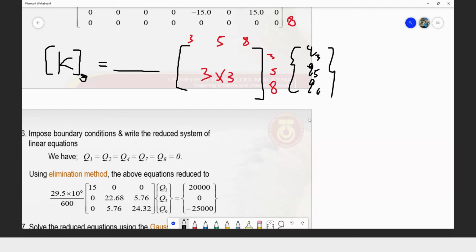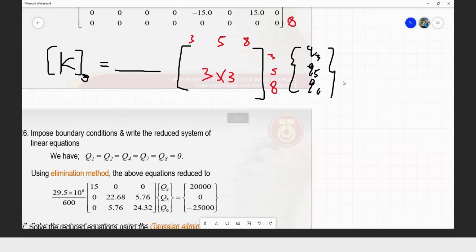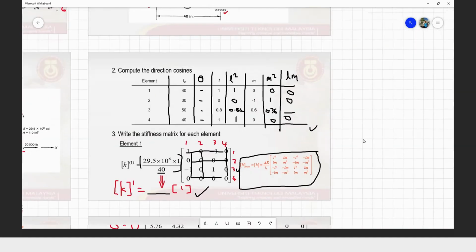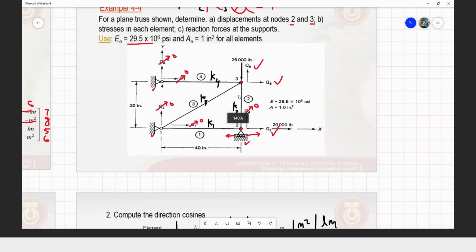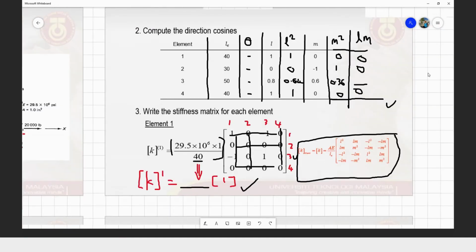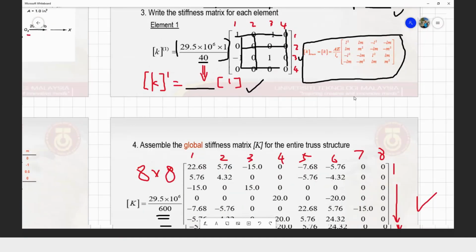Kenapa yang ni? Okay, because this is only the active degrees of freedom. Kan? Yang ni kita nak cari. 3, 5 and 6. Yang lain semua fixed to the floor, to the wall. So kita tak perlu kisahkan dia lagi. In fact, kita dah eliminate dia punya elemen tadi kan.